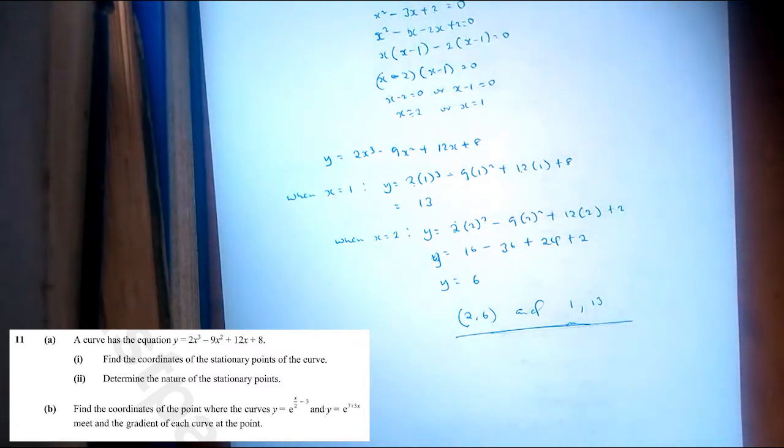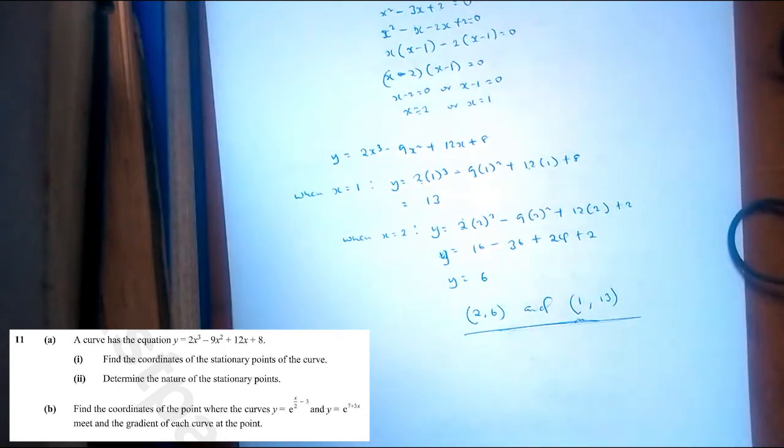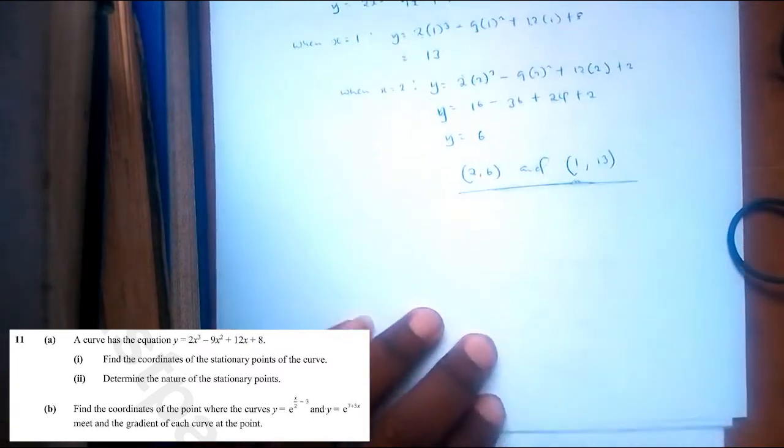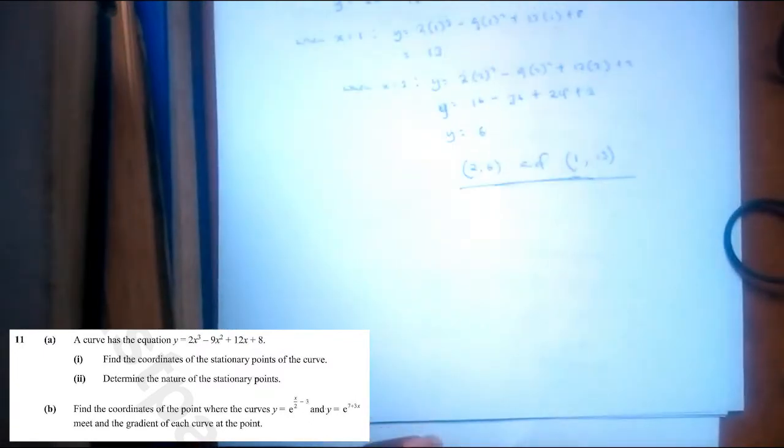Then it says determine the nature of the stationary points. To determine the nature of the stationary points, we differentiate the equation twice.